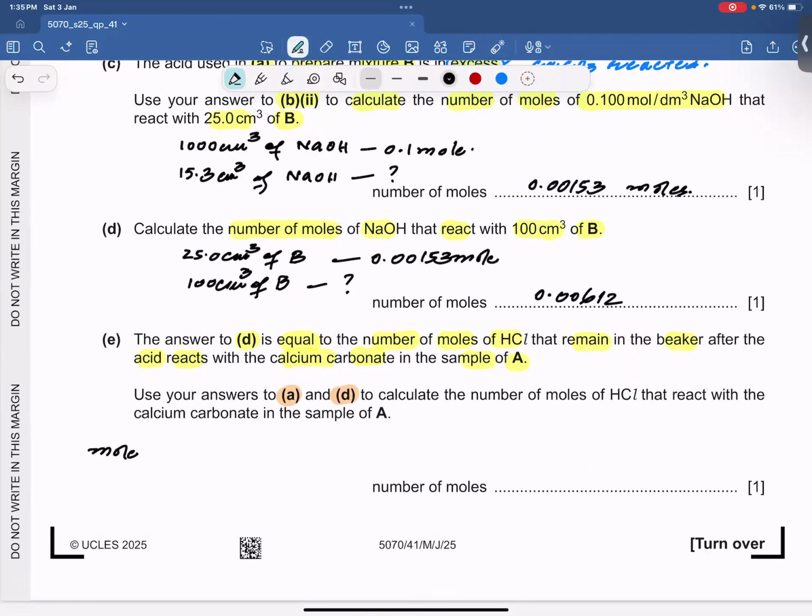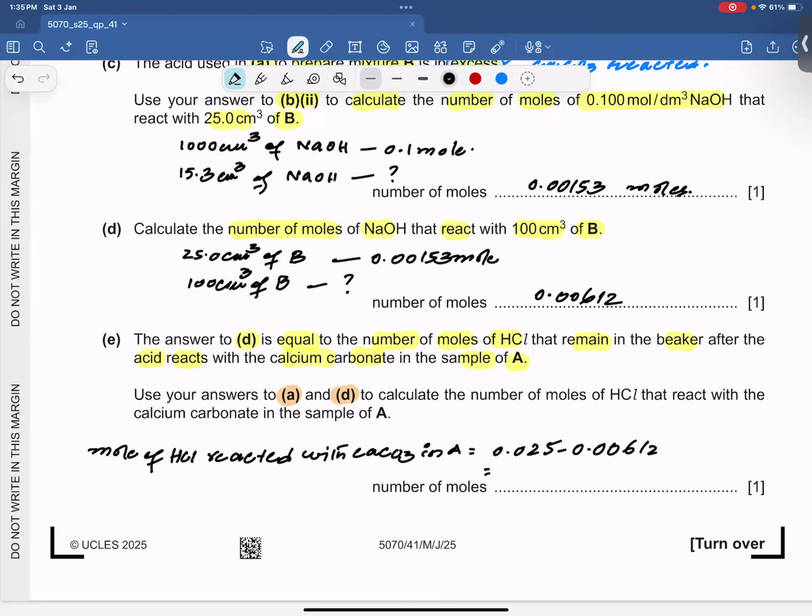Moles of HCl reacted with calcium carbonate in sample A is basically 0.025 minus 0.00612.